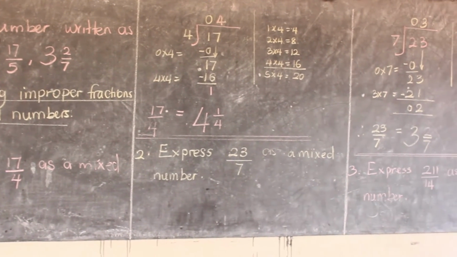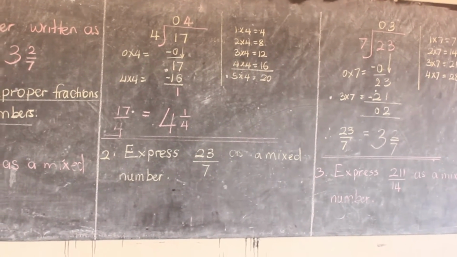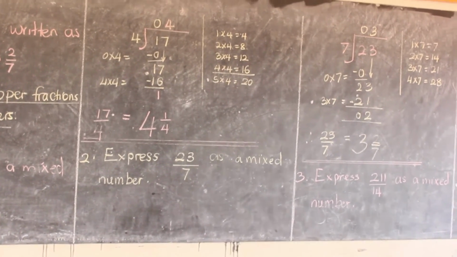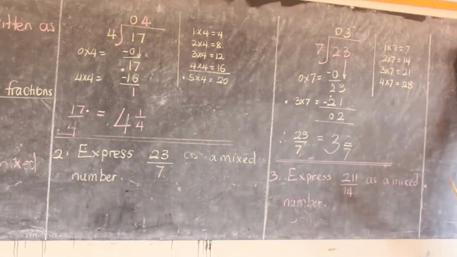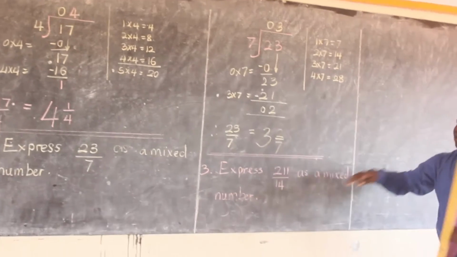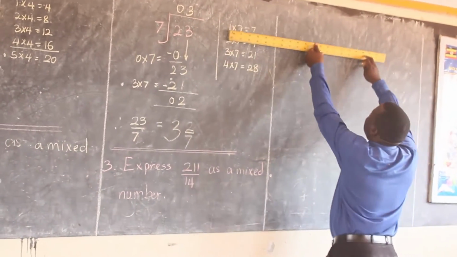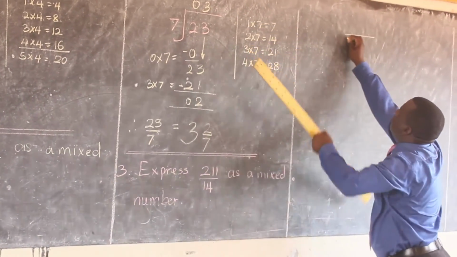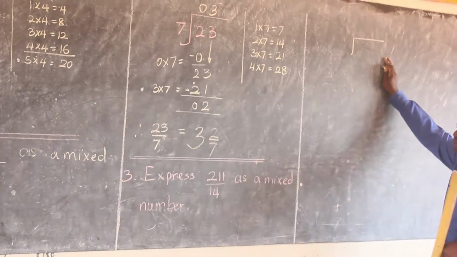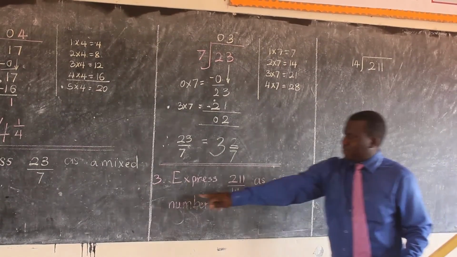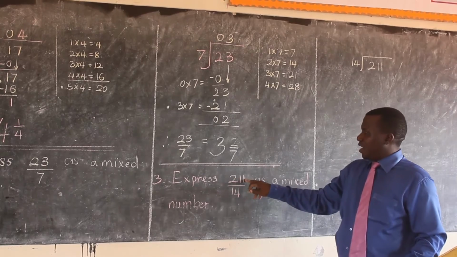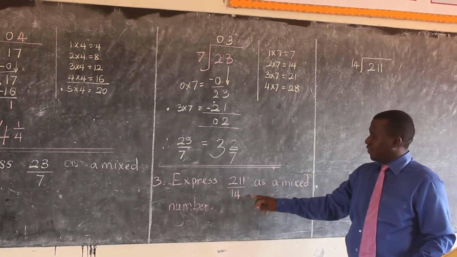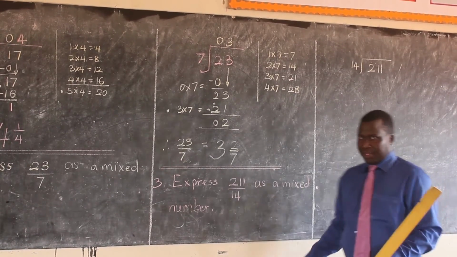Express 211 out of 14 as a mixed number. Still, carry out the long division. You learn this, you know how to do it. So, now example 3, express 211 out of 14 as a mixed number.